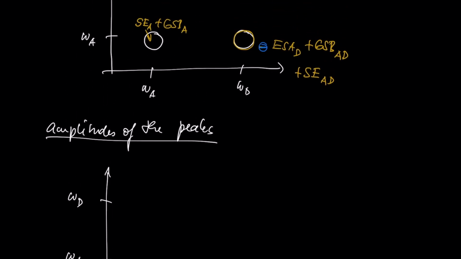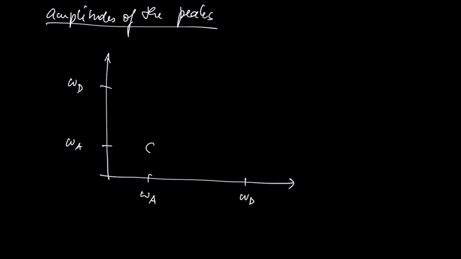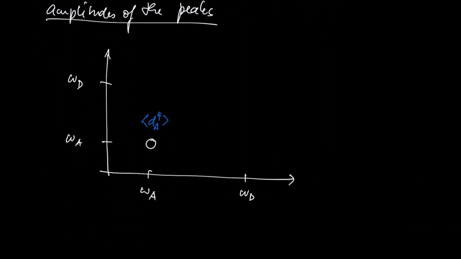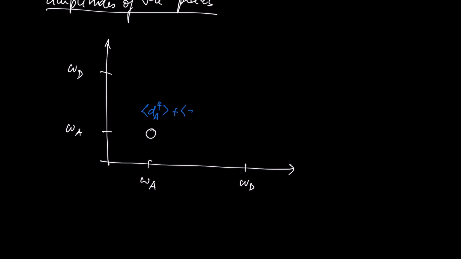So let's start here in the bottom corner, omega A, that's ground state bleach at A. Ground state bleach at A has no time evolution and it involves all excitations on A. So there will be here a factor dA to the fourth averaged from the ground state bleach and also from the stimulated emission. So there will be two of these things. They are both constant and nothing changes on them.